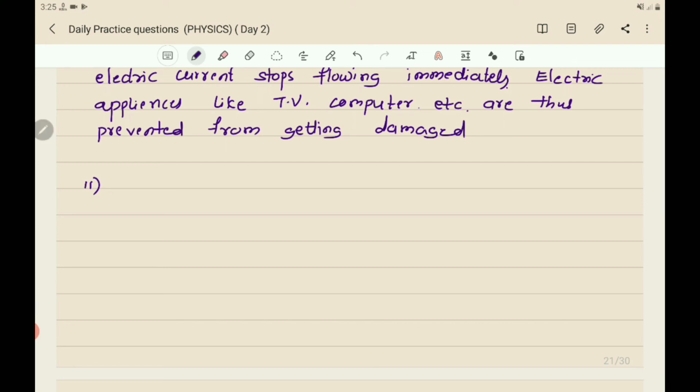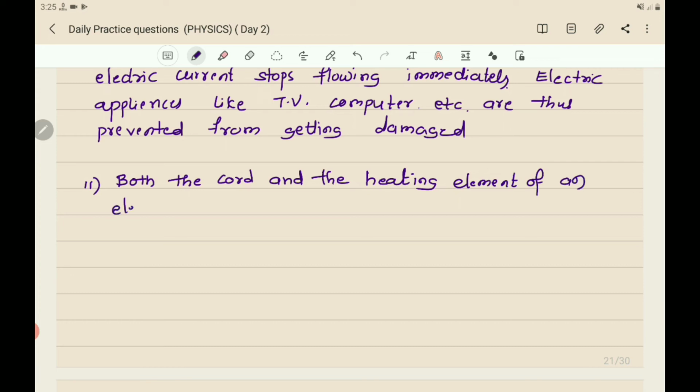So you write that both the cord and the heating element of an electric heater carry the same current.